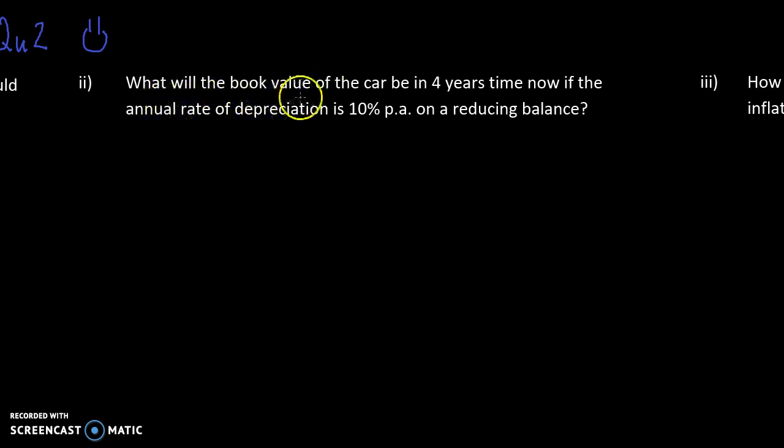It says, what will the book value of the car be in 4 years' time, if the annual rate of depreciation is 10% per annum on a reducing balance. So we have a couple of variables we could possibly be using to solve for this.